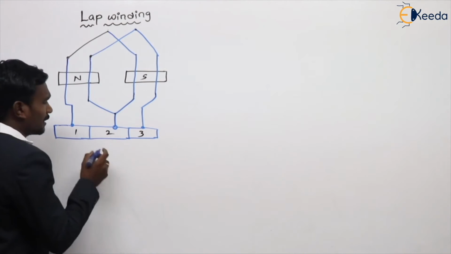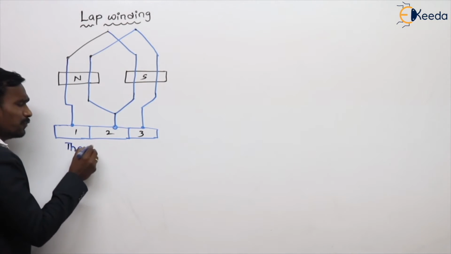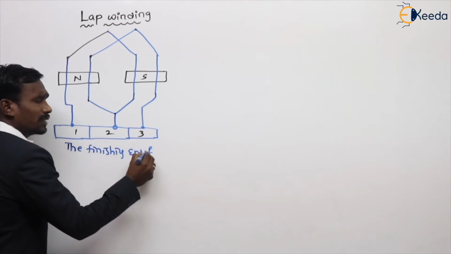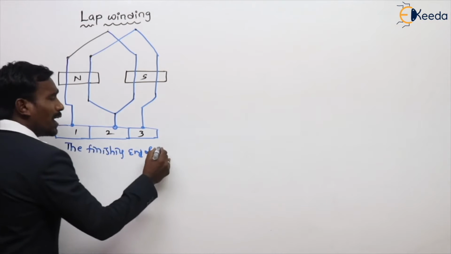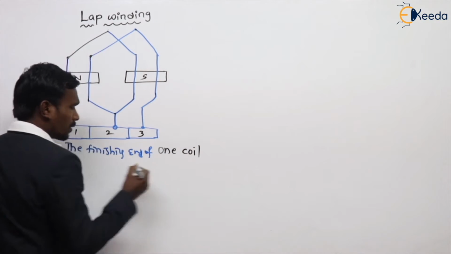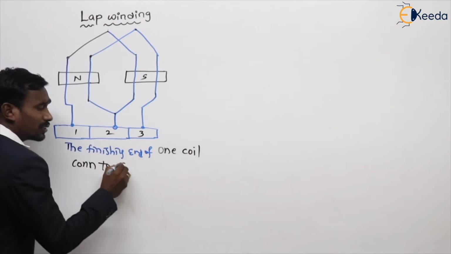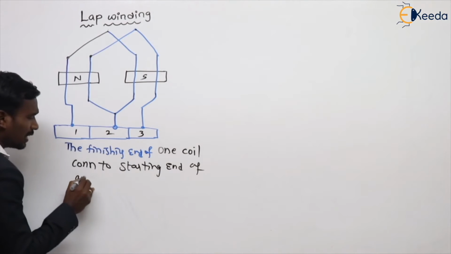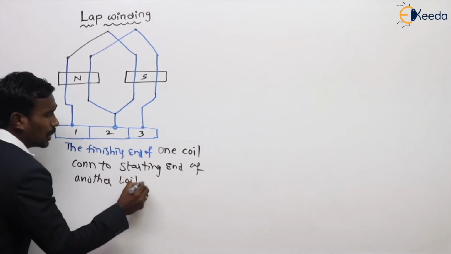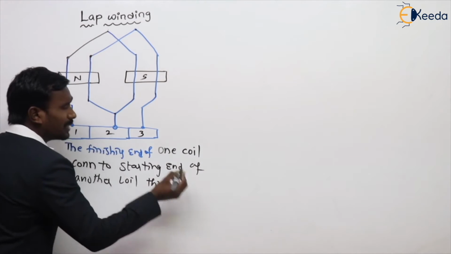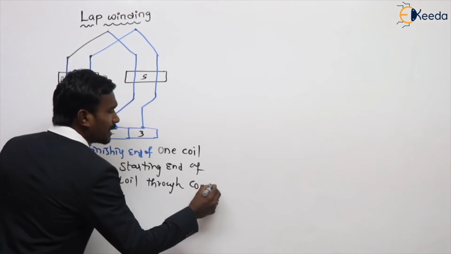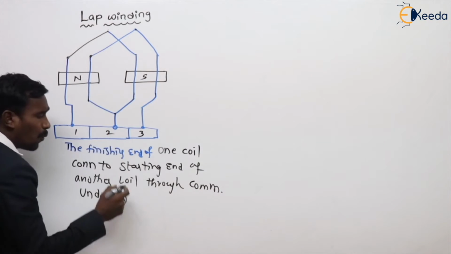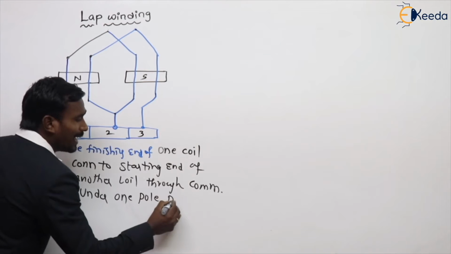So lap winding is nothing but the finishing end of one coil connected to the starting end of another coil through the commutator under one pole pair.